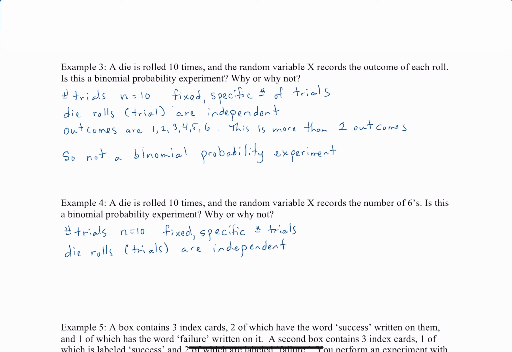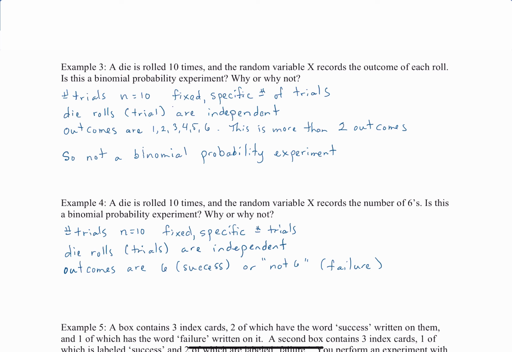And this time the outcomes, because of the way we're counting them, are either 6, which since we're counting that, means that counts as our success, or not 6. So if you don't get a 6, that's considered to be a failure. So 6 or not 6, that's 2 possible mutually exclusive outcomes. So we're actually okay on that.